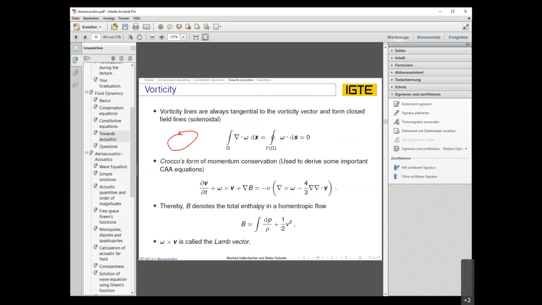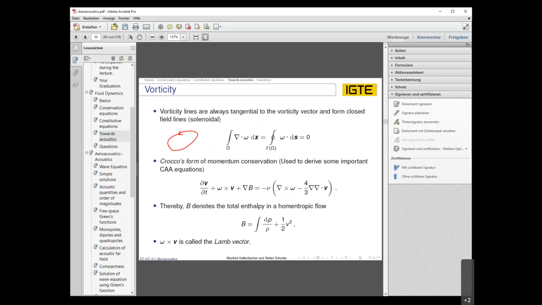For instance, if you consider an incompressible flow, this incompressible flow looks very similar to the magnetic field itself, and it also can be described by a vector potential. And this is how the two fields are somehow related.